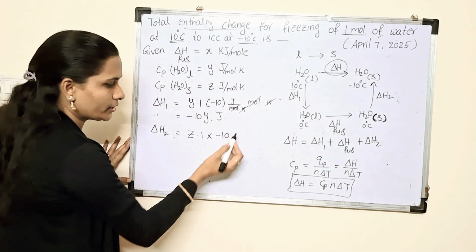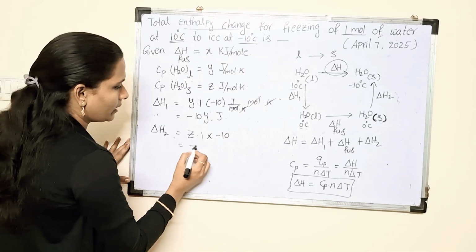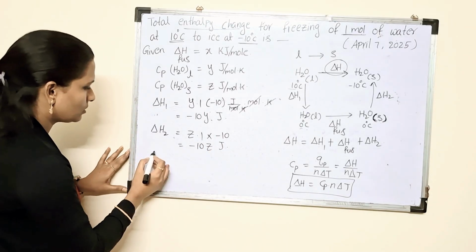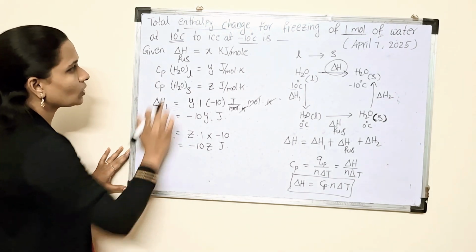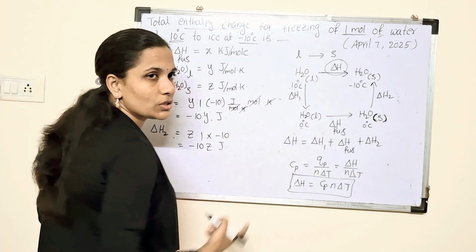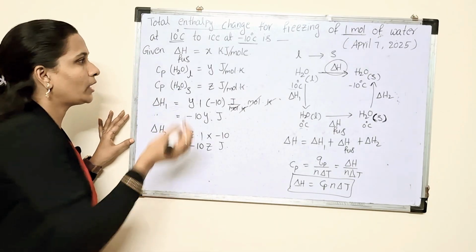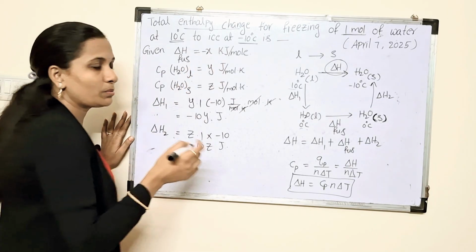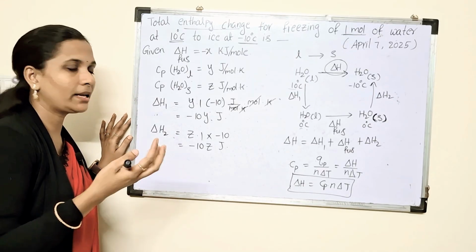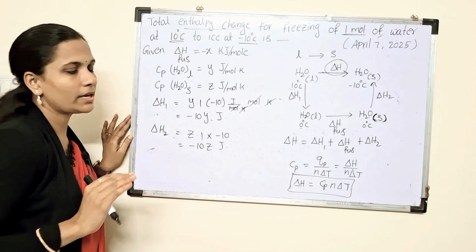So totally the same units, then this is minus 10z joules. Next is delta H fusion. They already gave x kilojoule per mole, but delta H fusion here is exothermic, so we have to keep the sign minus x. Why? Because when liquid is converting into the solid state, energy is released, so it is an exothermic reaction.